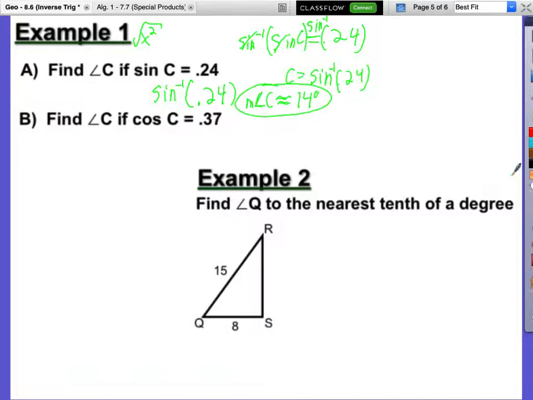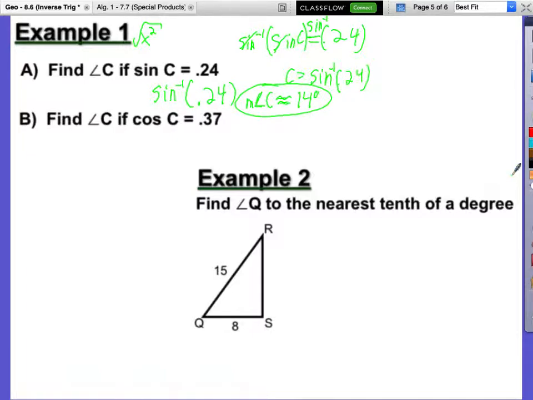Yep, that's right. So just the nearest degree from that.